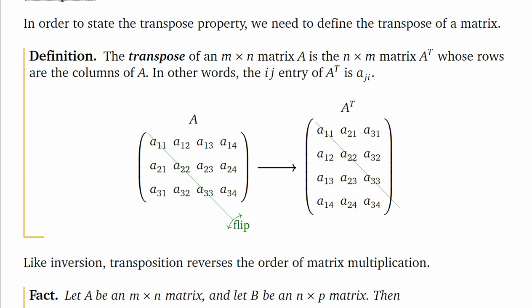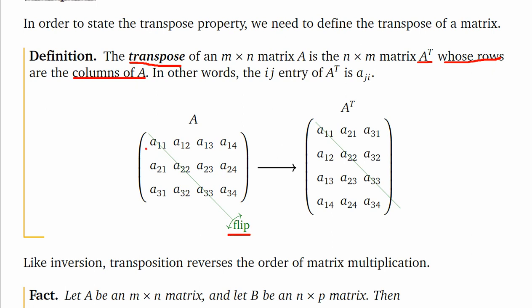To finish out the magical properties of the determinant, we need to talk about a transpose. The transpose of a matrix, we call that A with a superscript T, for A transpose. The rows of A become the columns, so we're basically flipping this matrix across the main diagonal.